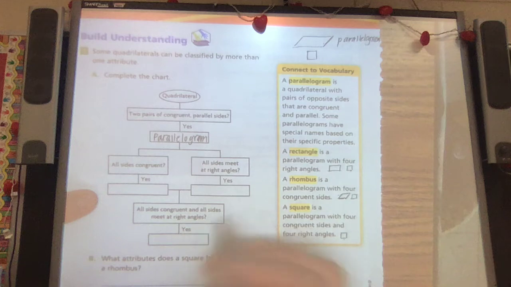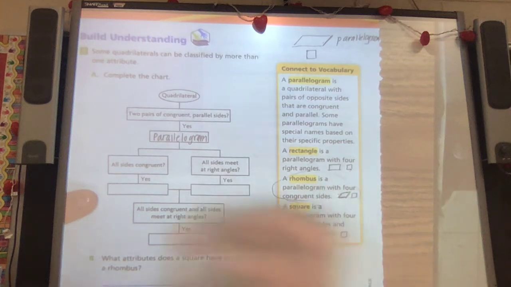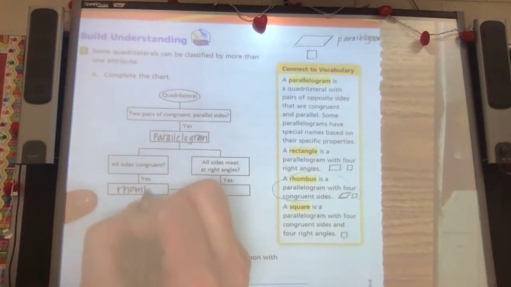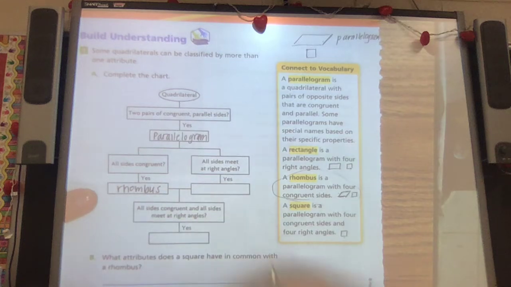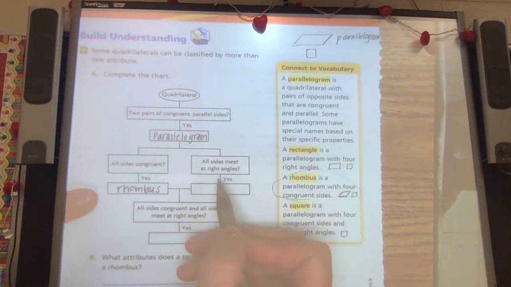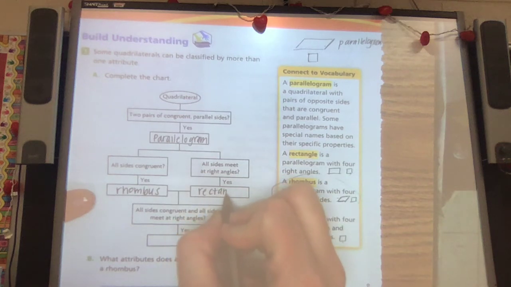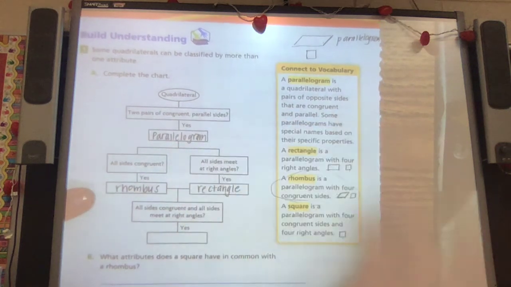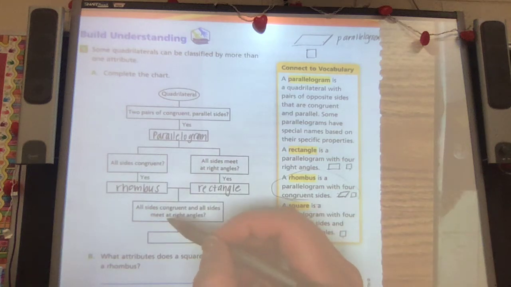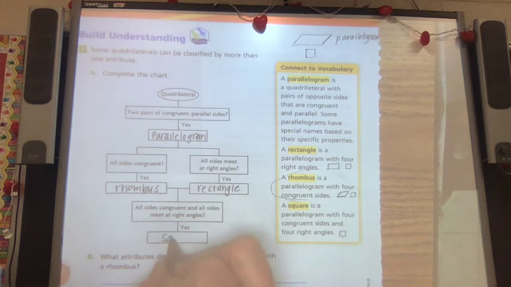If it's a parallelogram with all sides congruent, then that's going to be a rhombus. Are all sides meeting at right angles? That could be a rectangle. But like I'm saying, there could be different answers here. Which one, all sides are congruent and all sides meet at right angles? That would be a square.